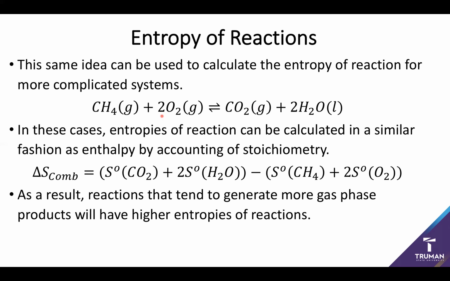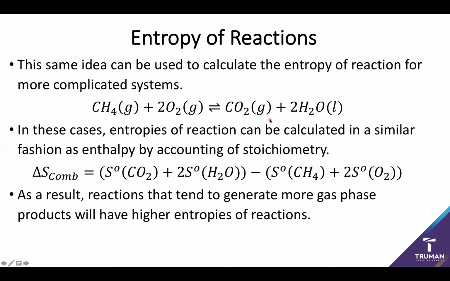in this case, a combustion. Now, one of the things I do want to make note of is that reactions that tend to generate more gas phase products will tend to have much higher entropies of reaction. So let's take a look at what we'd expect of this reaction. It's worth noting that I have on my reactant side three different gas phase species, methane and two oxygens.